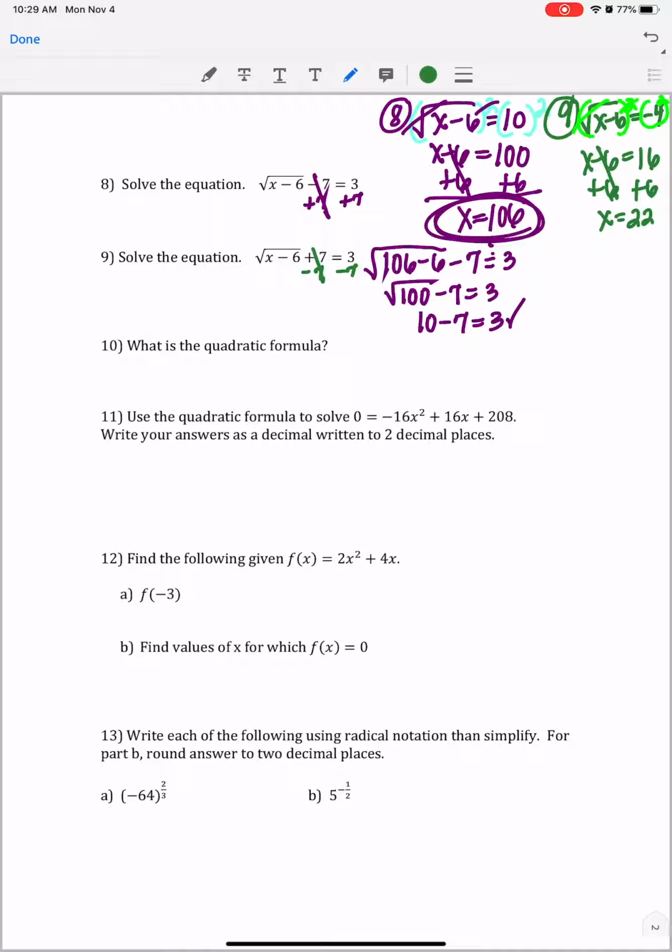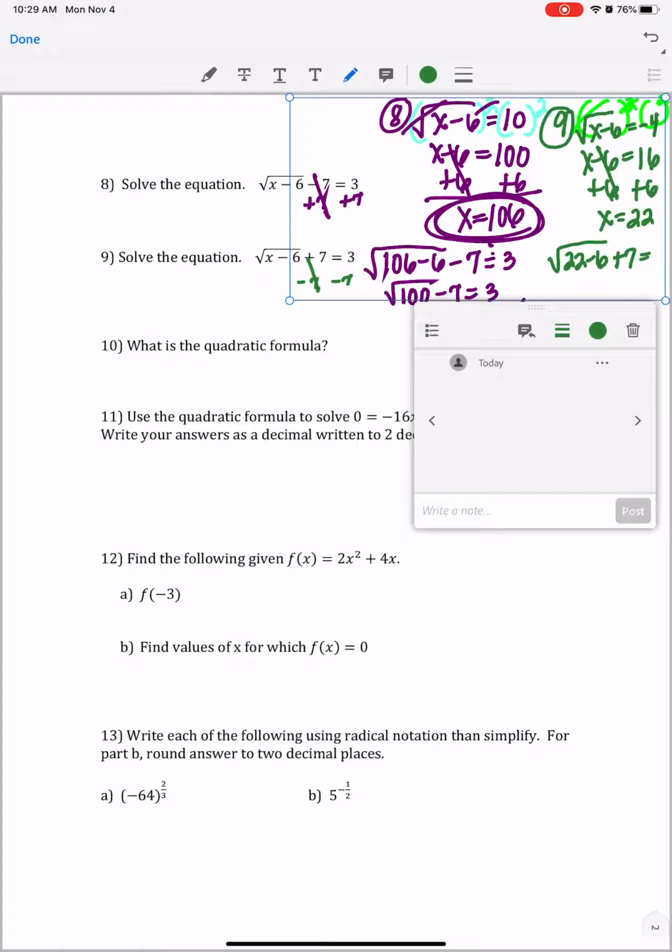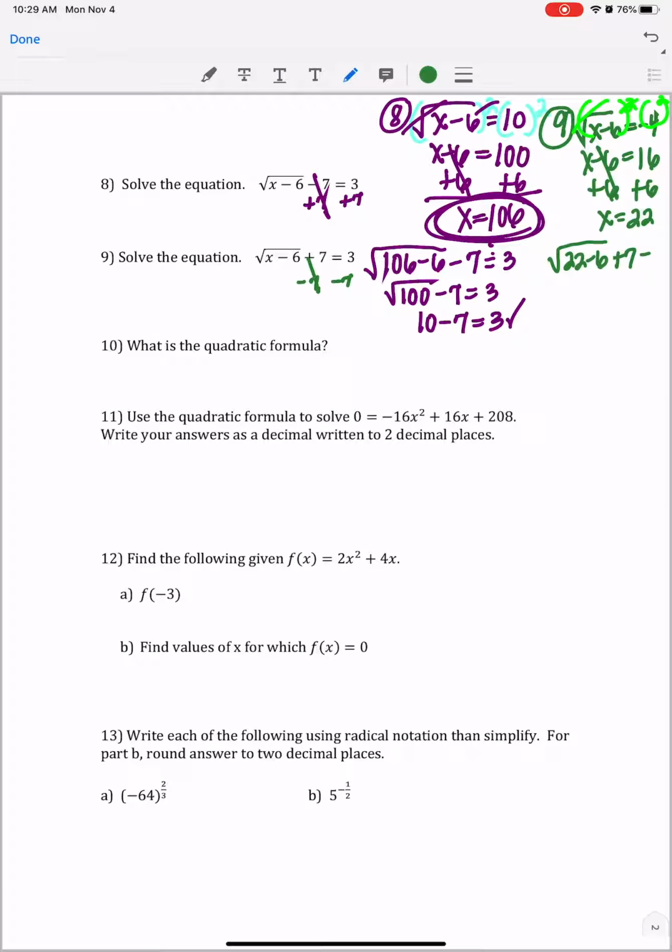Now, before I can circle that or box it, you've got to check it in as well, and we're checking it into the original. So I've got the square root of 22 minus 6, plus 7 outside that radical, and I've got to determine, does that equal 3?